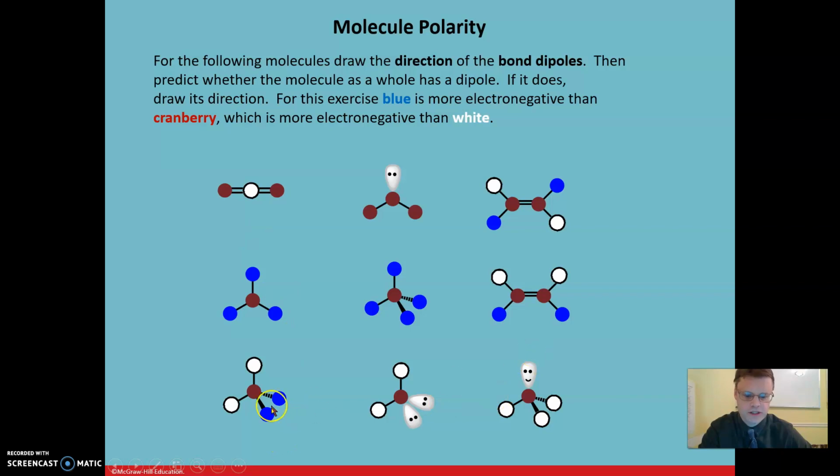And so what I want you to do is look at these 9 molecules, which all have polar bonds in them, and see if you can predict which ones have a molecular polarity of being nonpolar, and which molecules are overall polar. So go ahead and pause the video, see if you can figure out which ones are non-polar, and in a couple seconds I'm going to continue on to the next slide with the answers.